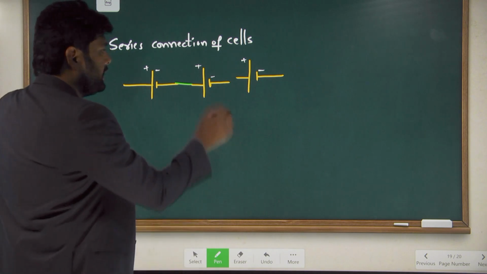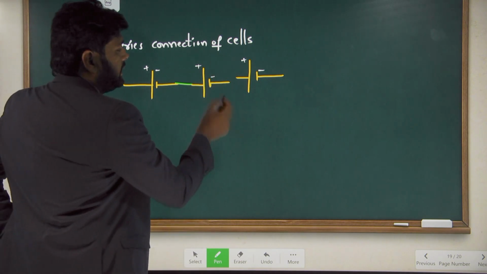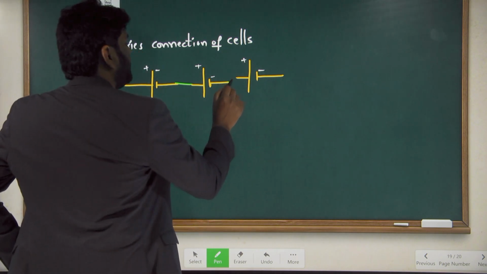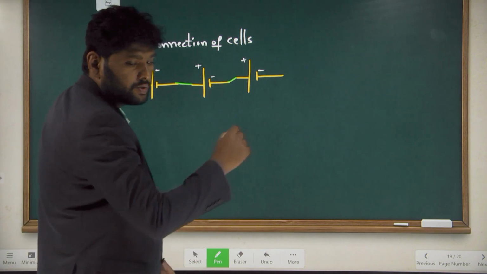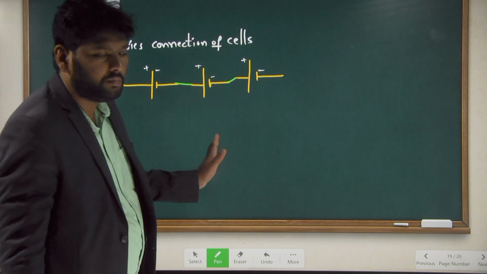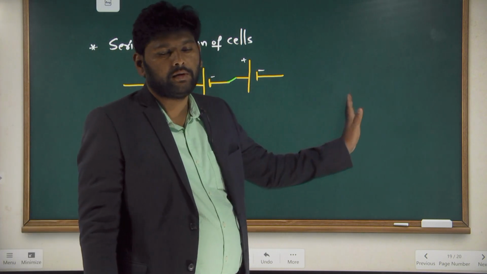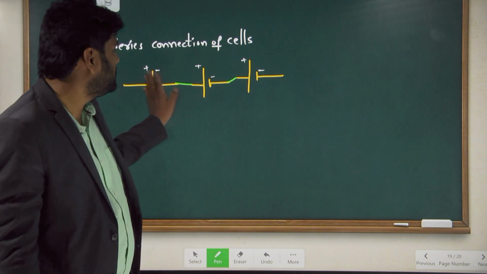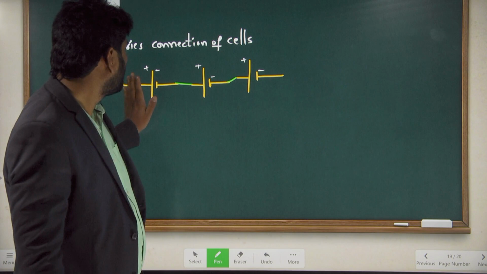Next, in the same way, the second battery's negative terminal is connected to the third battery's positive terminal. And so on, even if a number of batteries are present. This is the way the connection will take place.